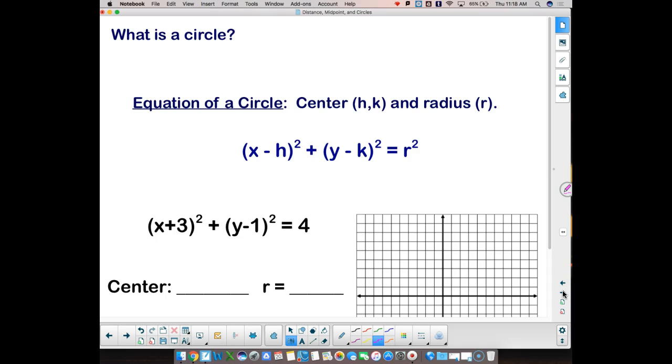Okay. Right? What truly is a circle? And don't say something that's wrong. Anybody know what the true definition of a circle is? I didn't expect you to know it. It is the set of all points, here's the important word, equidistant.